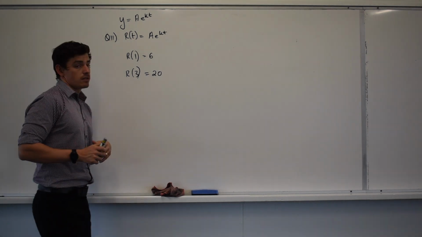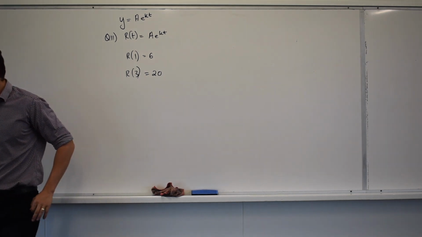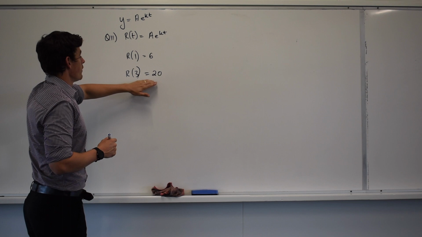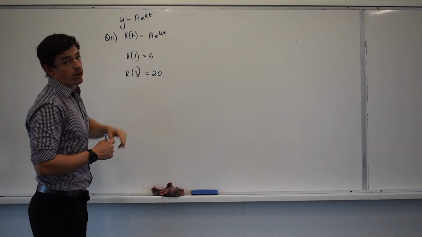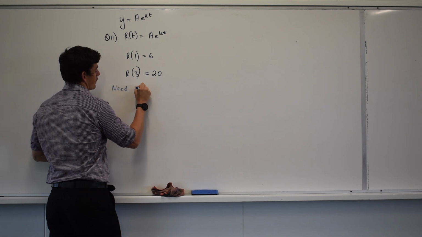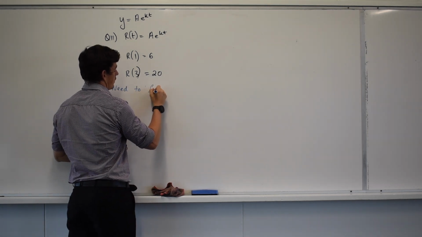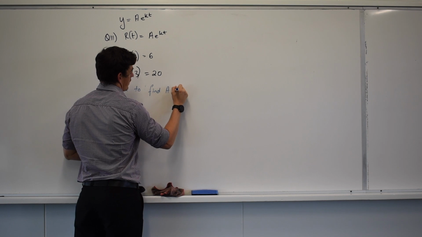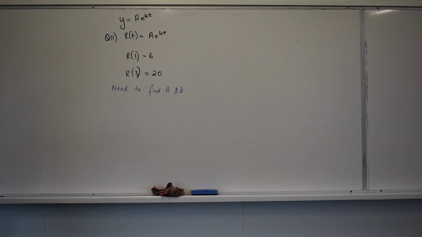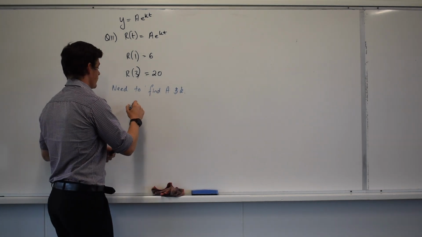Now this is going to be a version of simultaneous equations because we have essentially a y value, an x value, and we've got two unknowns. So we need to find the value for a and k. So the first thing we should do is substitute some values in.